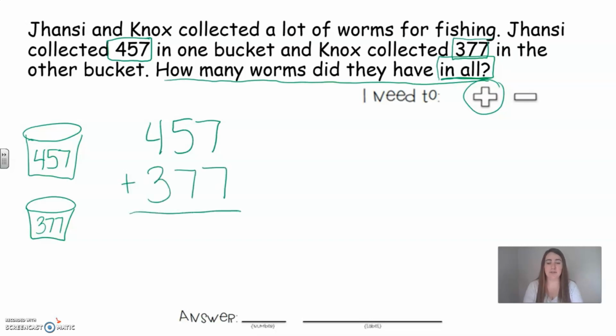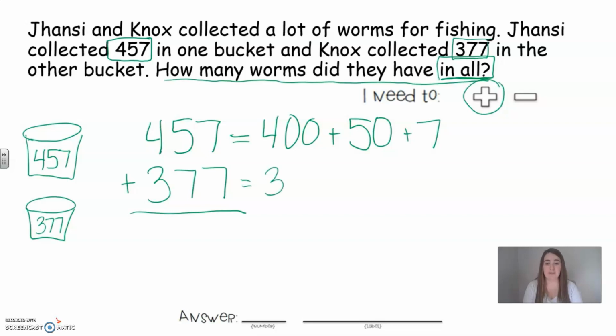So now it's time to make our equation. 457 plus 377 equals, I'm going to do expanded form. So 457 expanded is 400 plus 50 plus 7. 377 expanded is 300 plus 70 plus 7. And now we need to solve.